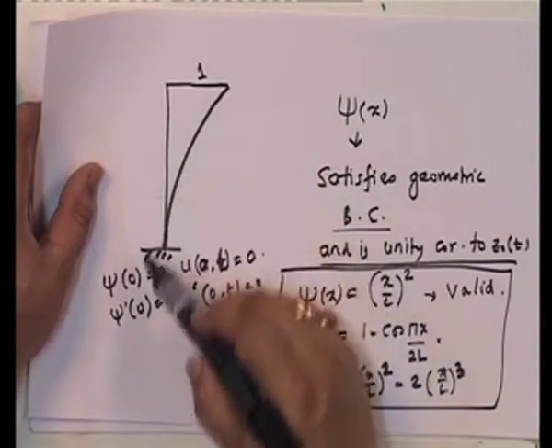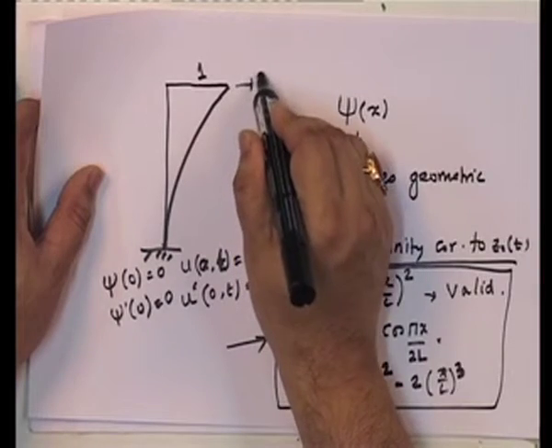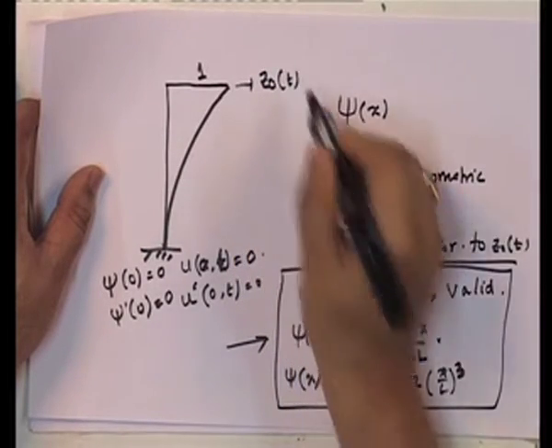Okay. So, this then becomes the fact that this is how, by defining any arbitrary shape function, I change the problem into just Z0 t.